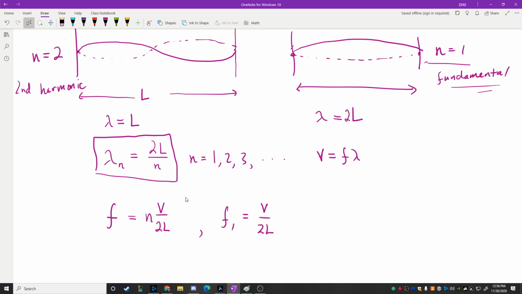We call this the fundamental frequency. This is the frequency that you produce when you pluck a string on a guitar. If you just openly pluck the string, this is going to be the fundamental frequency, or what's called the natural frequency, at which it's going to oscillate.